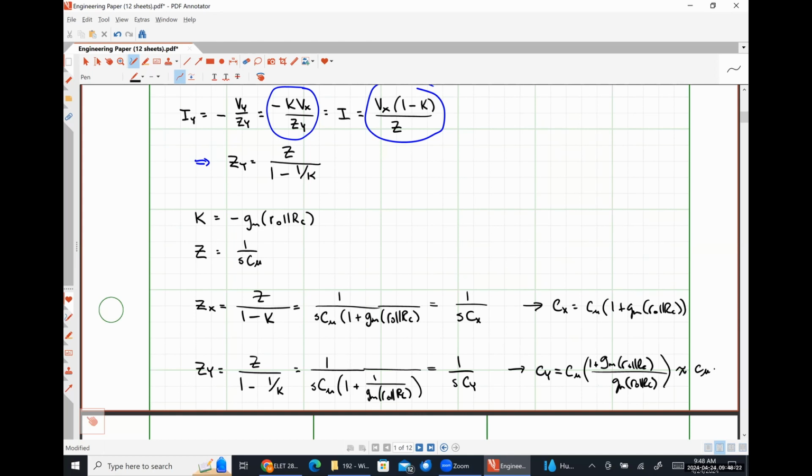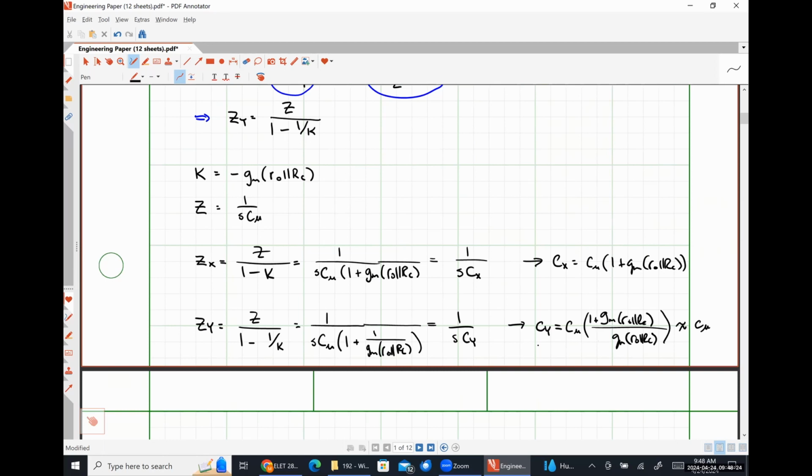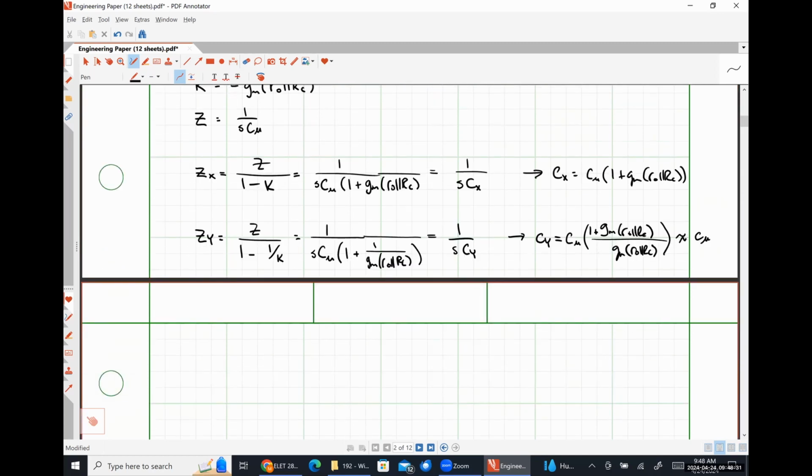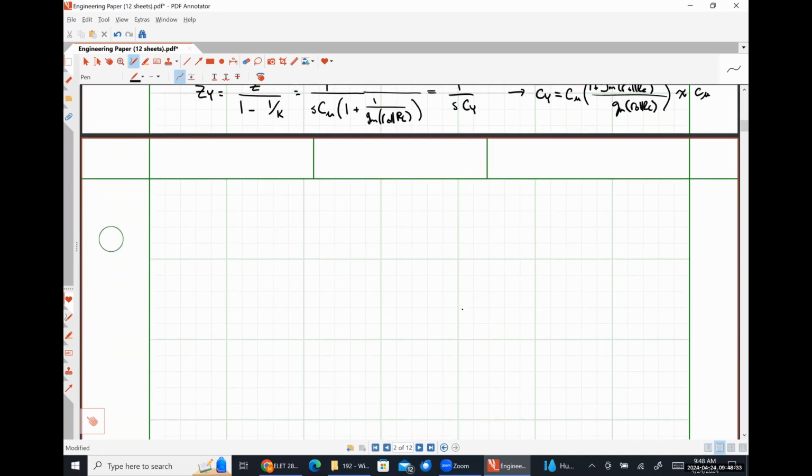So let's see what shakes out when we analyze the small signal model with these Miller capacitances in place, right? So our small signal model should look something like this. So here's our Thevenin voltage from before.